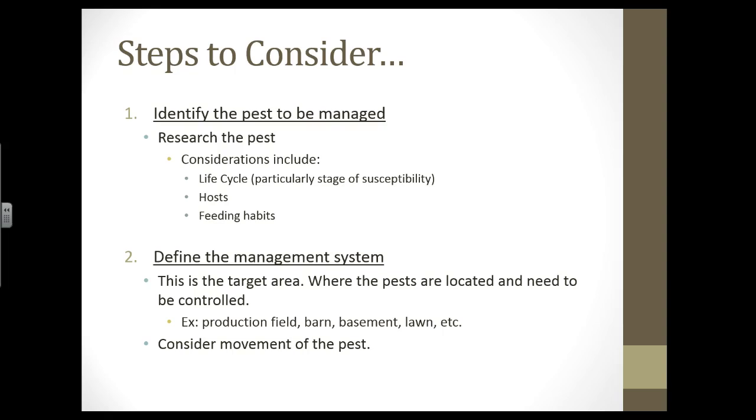We're going to be treating a field, treating a barn, treating a basement. If I'm going to fog, is this a greenhouse? Different methods of control will be used based on where the pest exists, and that's our management system. That's the area where the pest exists.